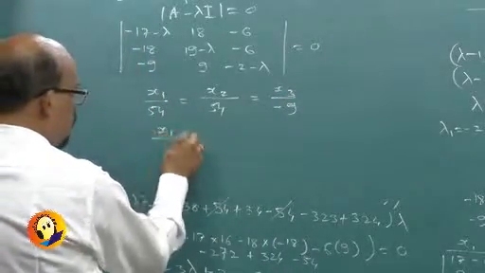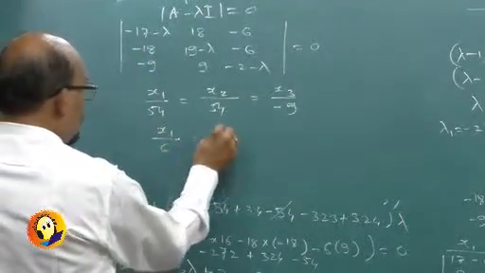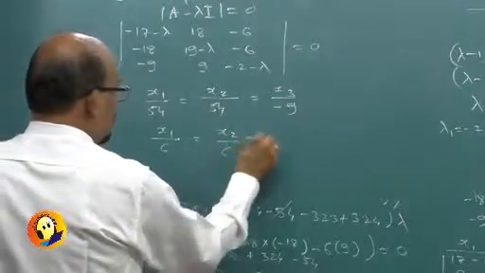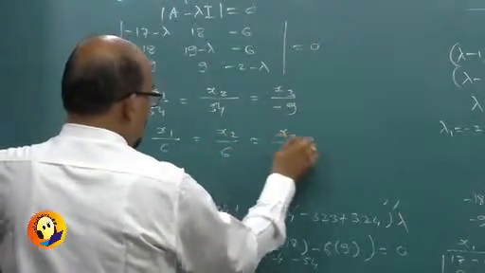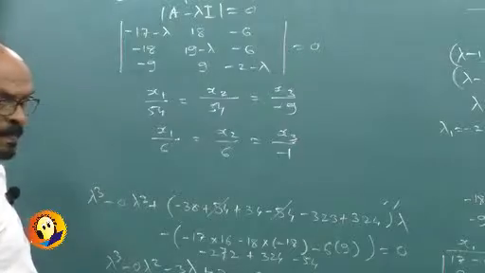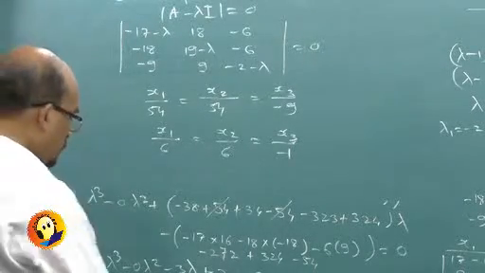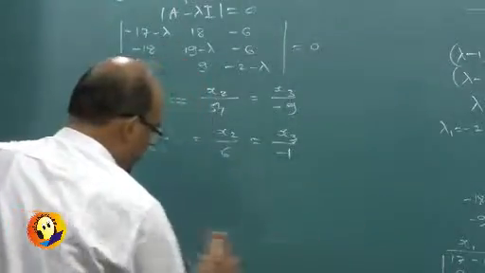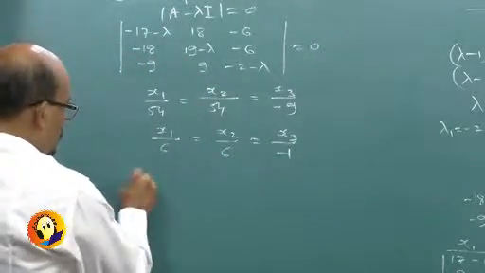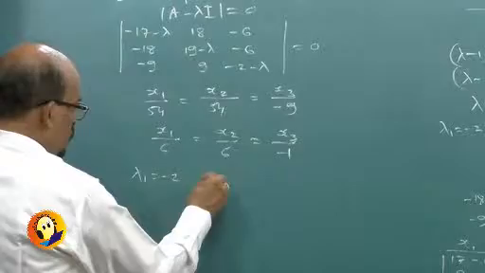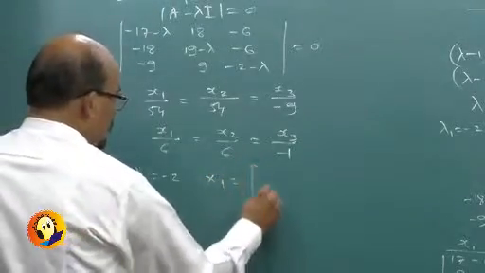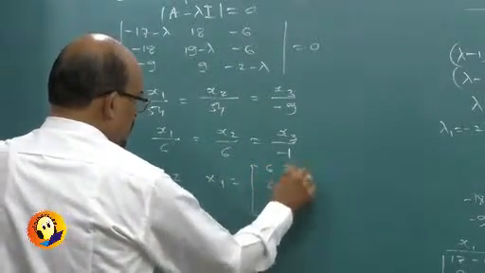So x1 upon 6 equal to x2 upon 6 equal to x3 upon minus 1. So for lambda 1 equal to minus 2, X1 is 6, 6, minus 1.